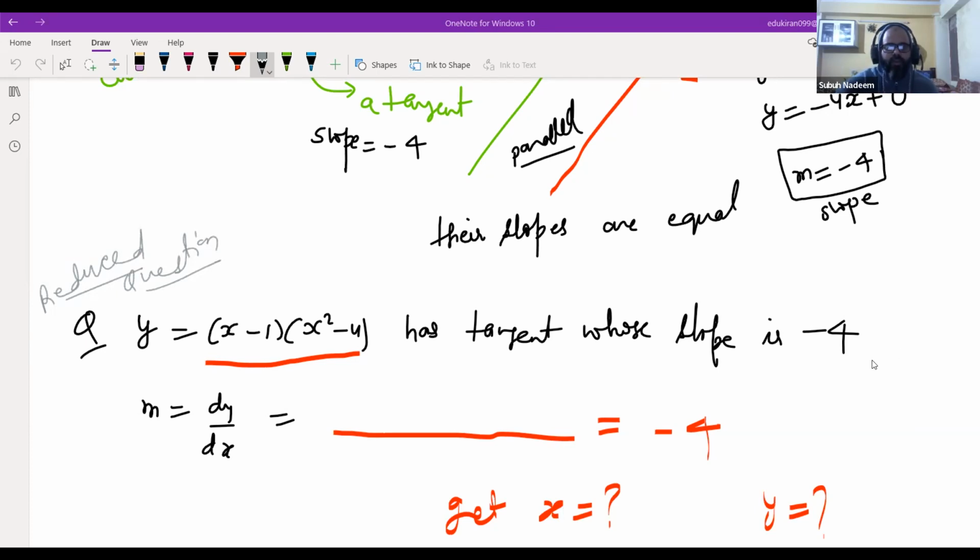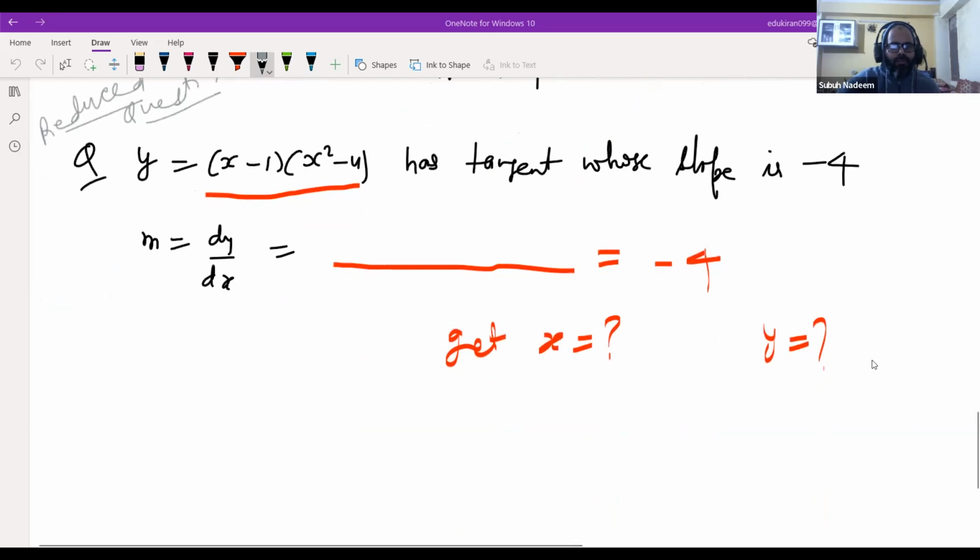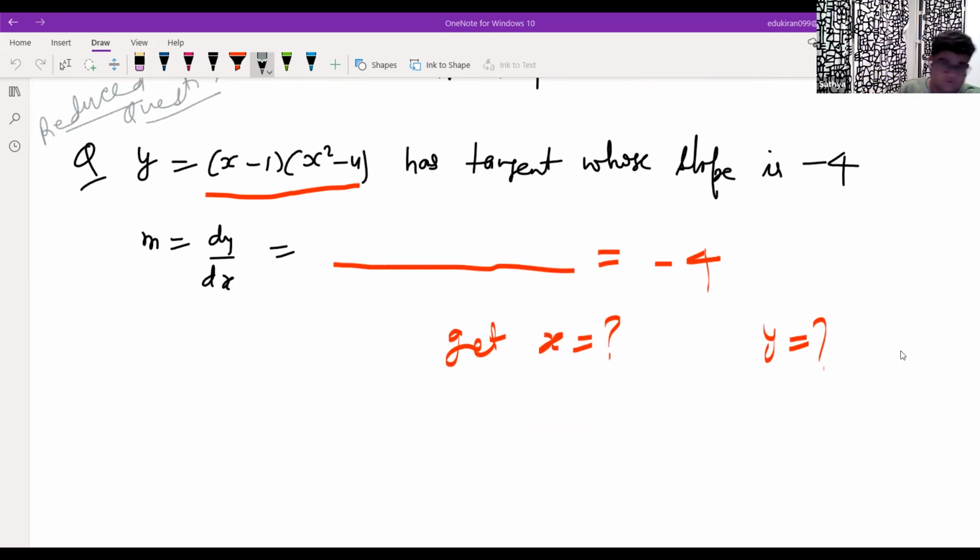Now equate it to minus 4. That is equal to minus 4, because the slope is minus 4 and you have obtained the slope by differentiating. So that is 3x square minus 2x, right, sir? That will be equal to 0 now.